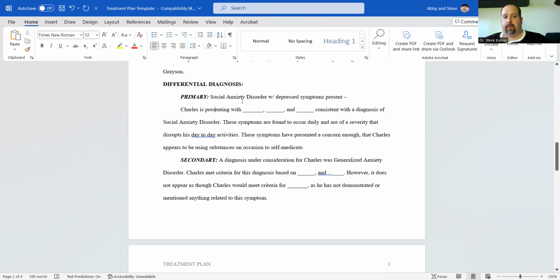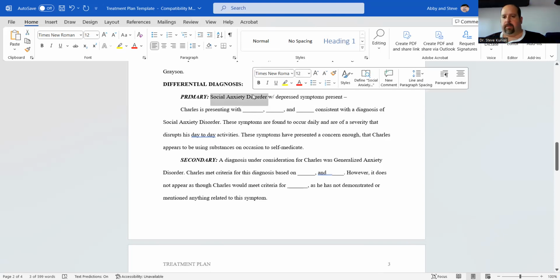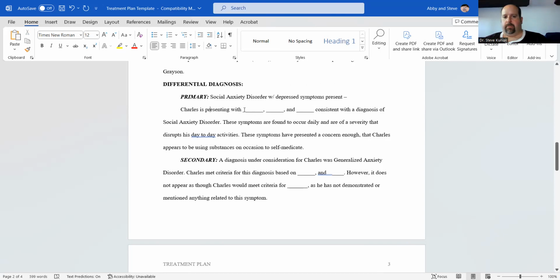If you aren't agreeing with it, you can say that he came in with major depressive disorder, but up here you have him social anxiety disorder, so he's presenting with major depressive disorder. He came in with a diagnosis of major depressive disorder. However, this counselor has observed, and then go into your symptoms, which are more consistent with the diagnosis of social anxiety disorder.